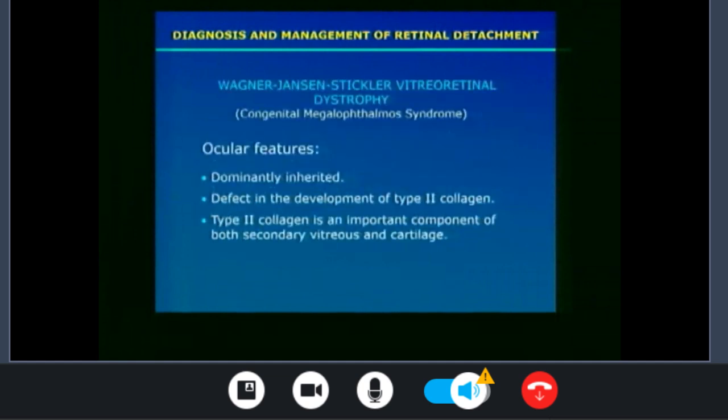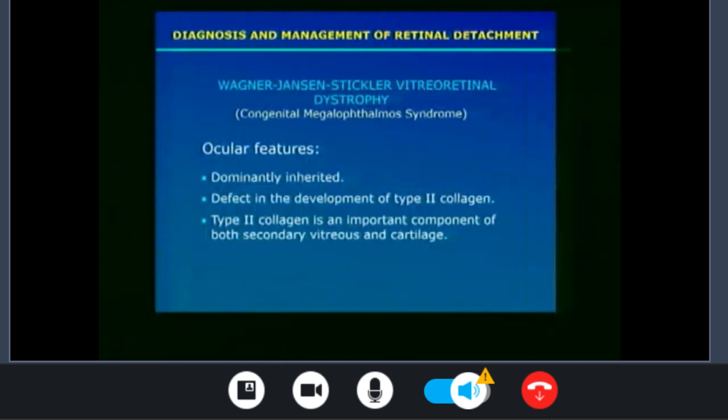Now, I always say that if you see a child with detachment, it is Stickler until proved otherwise. All the residents who rotated with us, I always give them this information. So Stickler is a major cause of detachment in children, dominantly inherited.